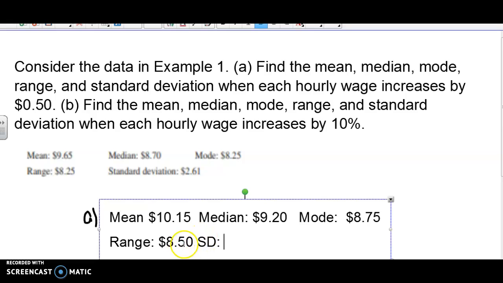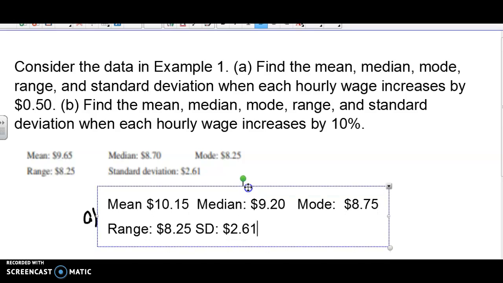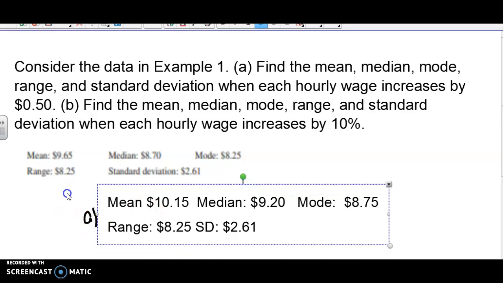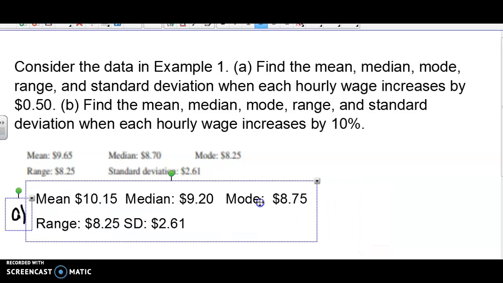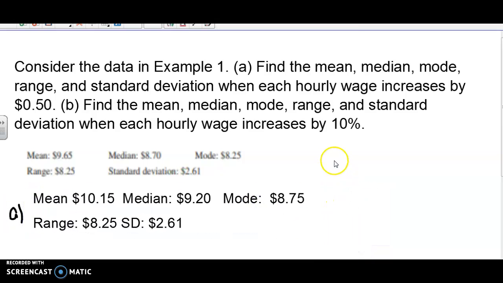Oh, it was 8.25, sorry. And the standard deviation would stay at 2.61. Alright, so that's how A would be. Nothing would change in terms of the measures of variation, but for the measures of center, everything would add 50 cents to it.